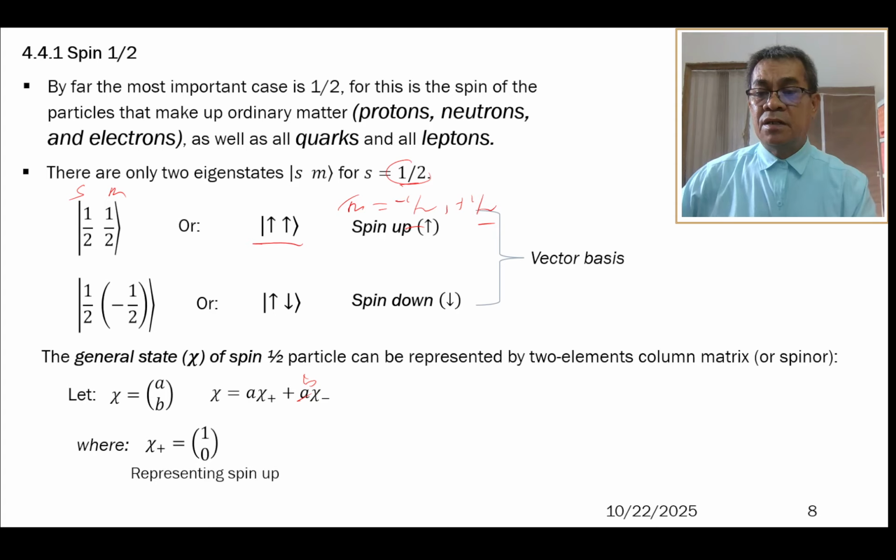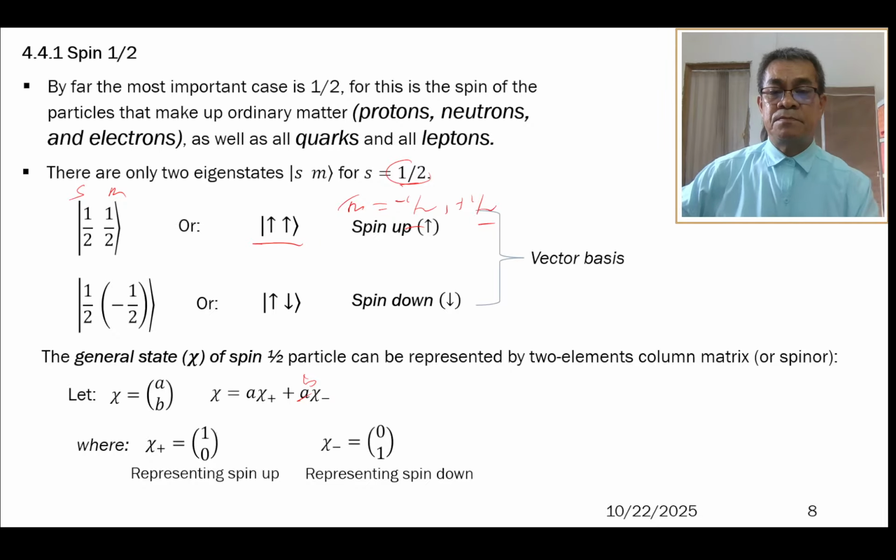Or the spin up is a kind of matrix. We have this chi plus with elements 1 and 0. So this is now spin up, and we have this spin down. So chi plus is spin up, chi minus is spin down.